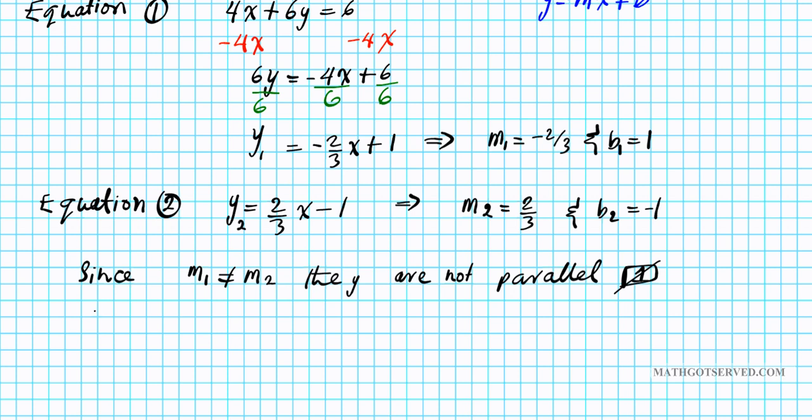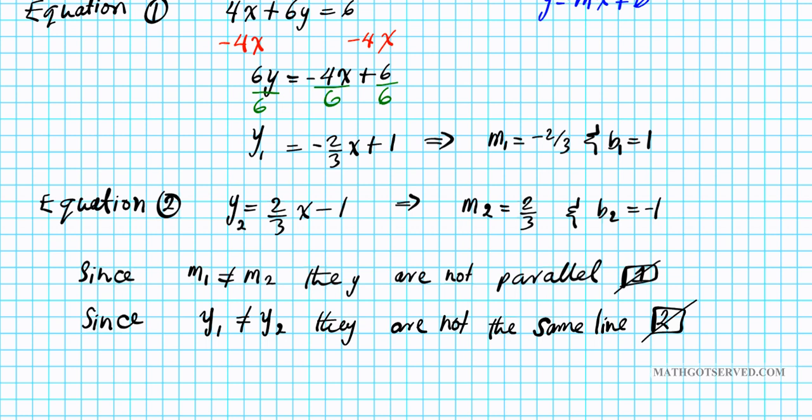Okay, so since y1 is not equal to y2, they are not the same line. So what does that tell us about option 2? Option 2 is not the answer.